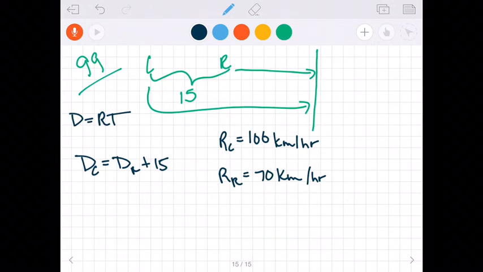Rachel started from a different point than Charlene, but their time is starting at the same place. So TR equals TC. There's not going to be a difference in their times, and that way we only have one time to deal with, which is really helpful.